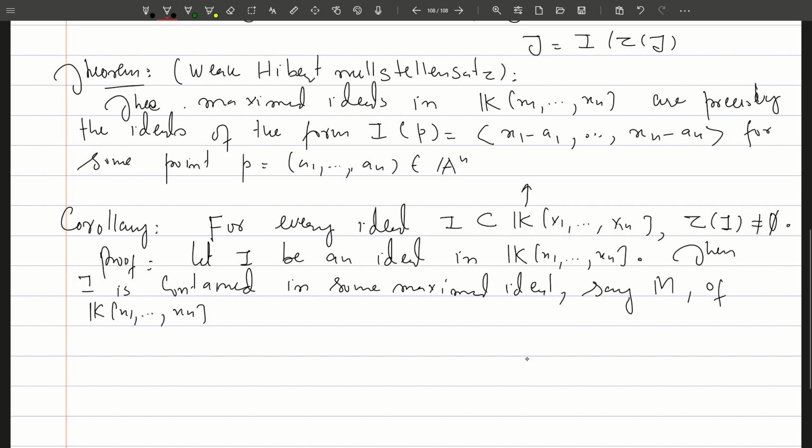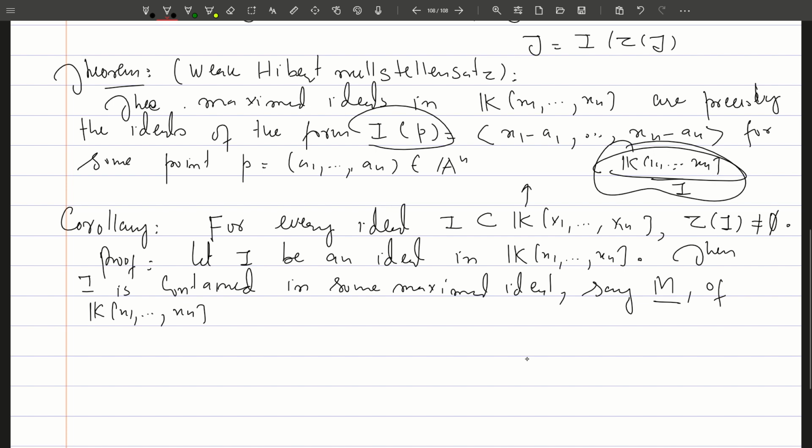We know any non-zero ring R has a maximal ideal. So the ring k[x1 through xn] mod I also has a maximal ideal. Any maximal ideal of this ring must contain I, since an ideal of this ring corresponds to an ideal in the polynomial ring which contains I. But the weak Hilbert Nullstellensatz guarantees us that this M is of the form ideal of some singleton.